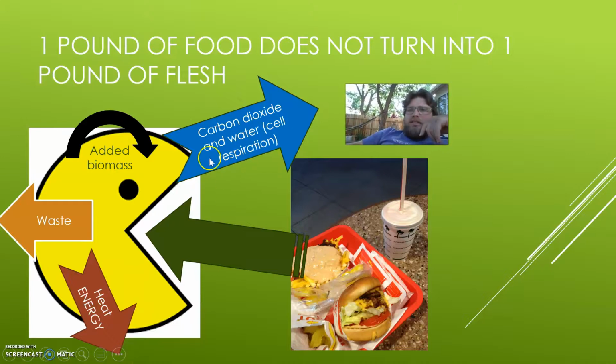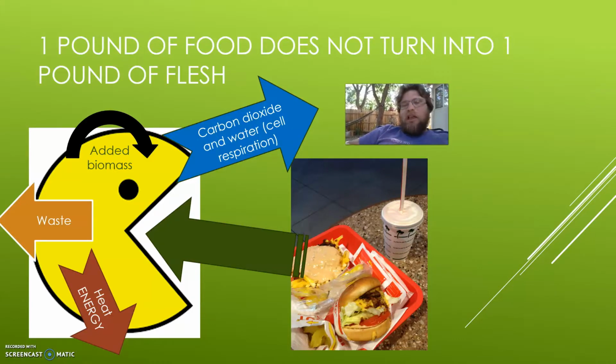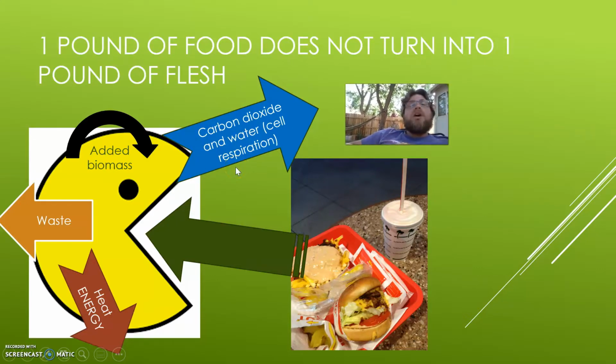And then some of that mass, because of cell respiration, gets breathed out too. So I'm talking and breathing. I'm breathing out some of my lunch that got turned into ATP. So that carbon dioxide and water from cell respiration is mass that is being lost. It's part of that waste, that 90% that gets lost.